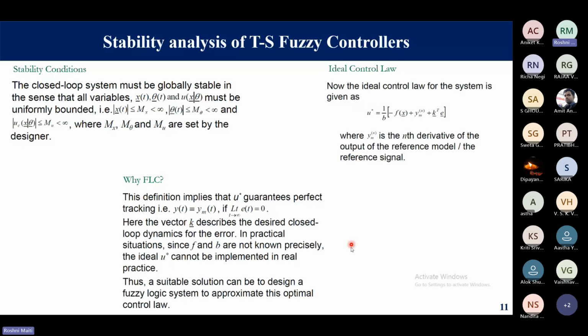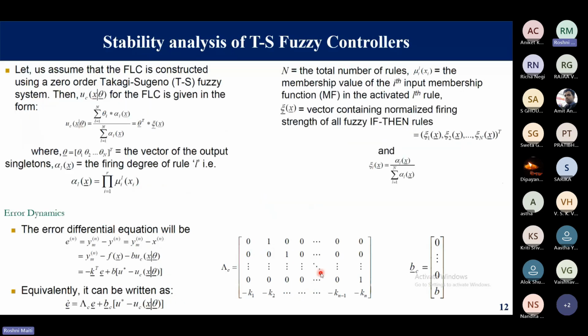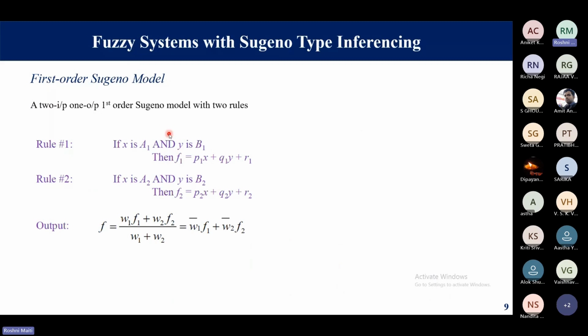When we develop the control signal, this UC will be given as theta into zeta, where theta are the singleton values with which we are multiplying this zeta, and zeta is the firing strength of the fuzzy rules, which we have already seen here for only two rules.